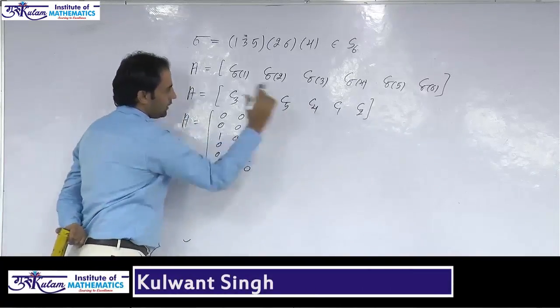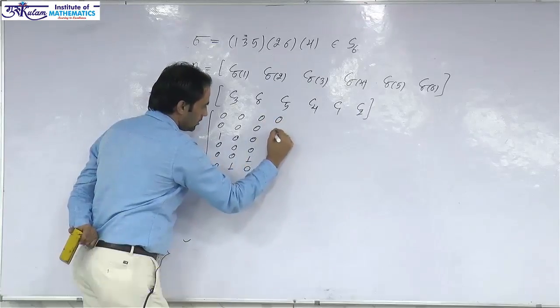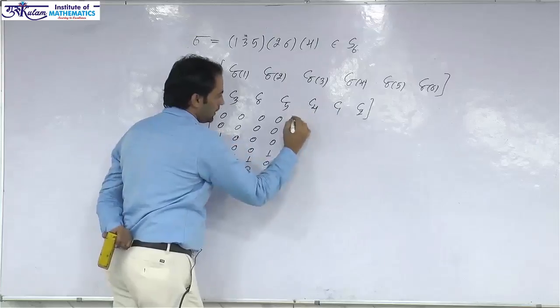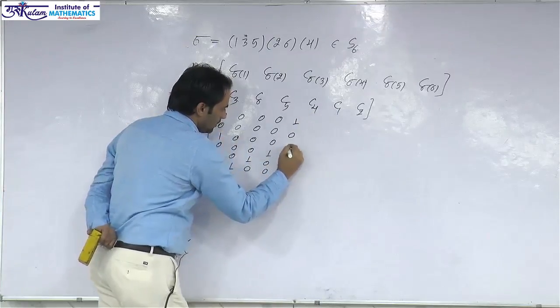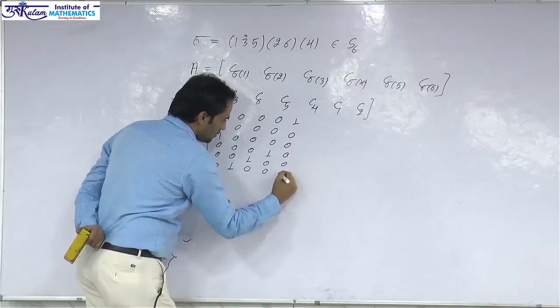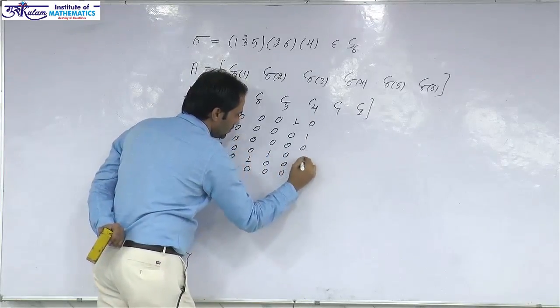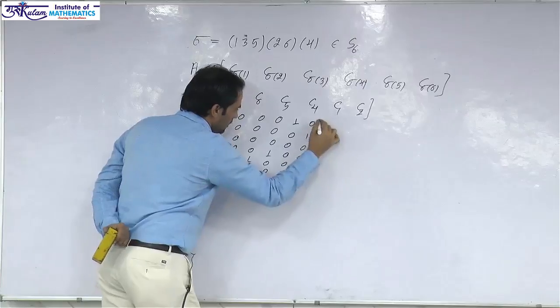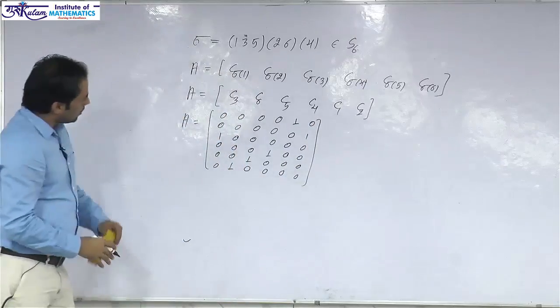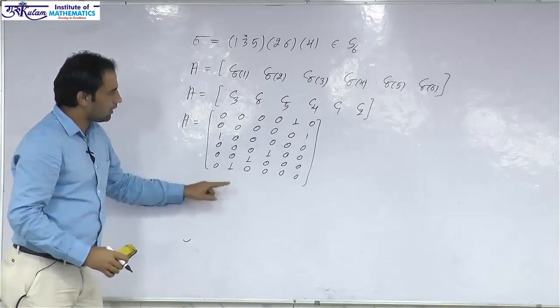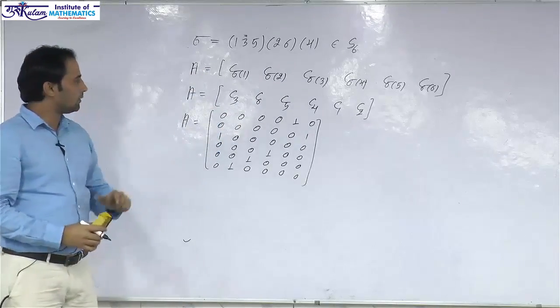Then the fourth column, which is 0 0 0 1 0 0. And the first column, 1 0 0 0 0 0. Then the second column, 0 1 0 0 0 0. You can check each row sum is 1, each column sum is 1, and entries are 0 or 1.